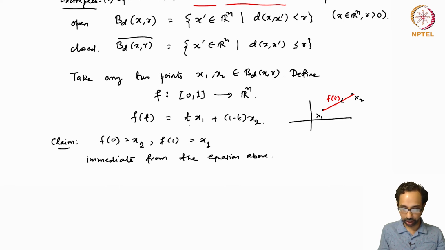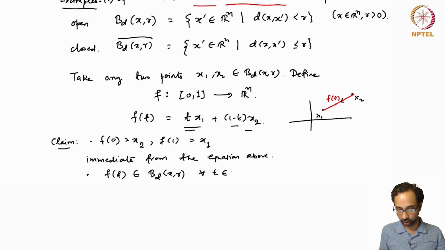If you just plug in t equal to 0, then this part vanishes and this part gives you 1, so it's just x2. And if you plug in t equal to 1, then this part vanishes and this part will give you x1. So this is immediate. Now the next claim is that f(t) belongs to B_d(x, r) for all t in [0, 1].